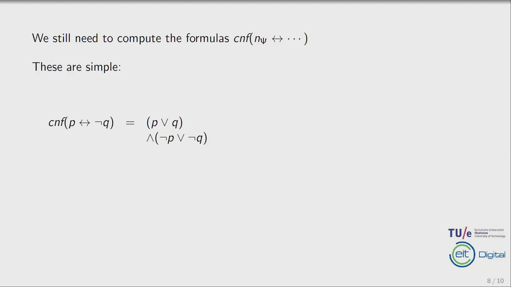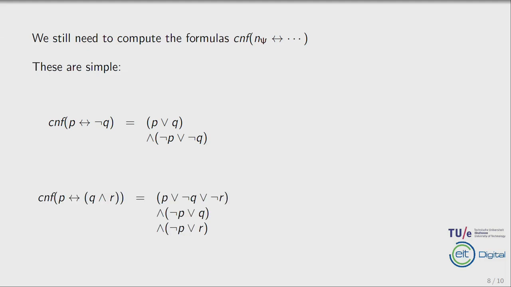If it's a negation, we only need to compute the CNF of P ↔ ¬Q, and that is (P ∨ Q) ∧ (¬P ∨ ¬Q). The only way P is equivalent to ¬Q is that P ∨ Q should be true and P ∧ Q should be false, which is stated in this formula. And by a truth table you can easily check that this is equivalent.